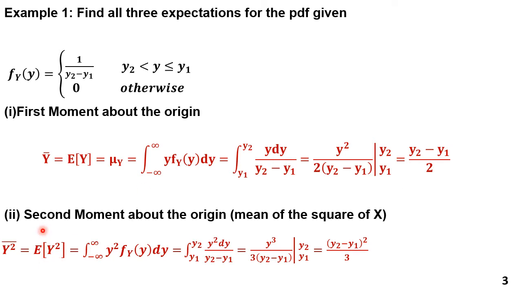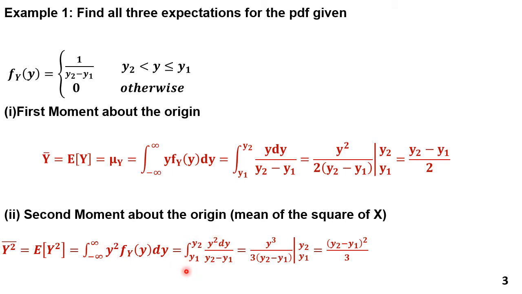Second one, second moment about the origin, mean of square of y. So it means y square bar, that is equal to E of y square. The mean of y square, that is equal to E of y square, that is the integral of y square fy of y dy between the limits minus infinity to infinity.